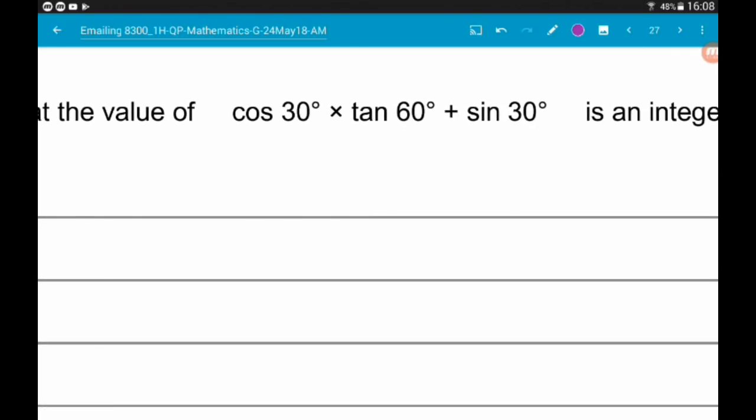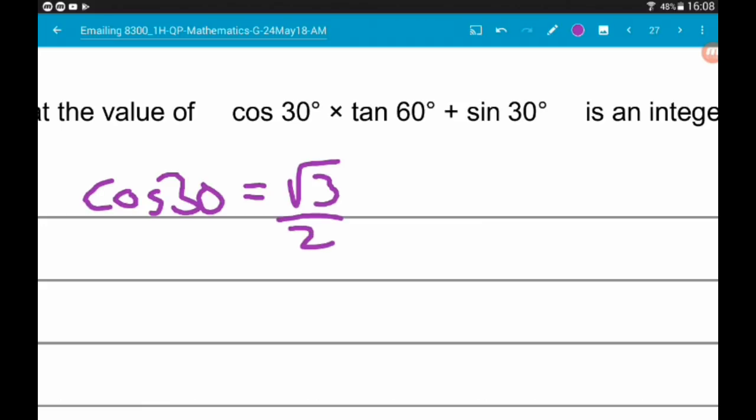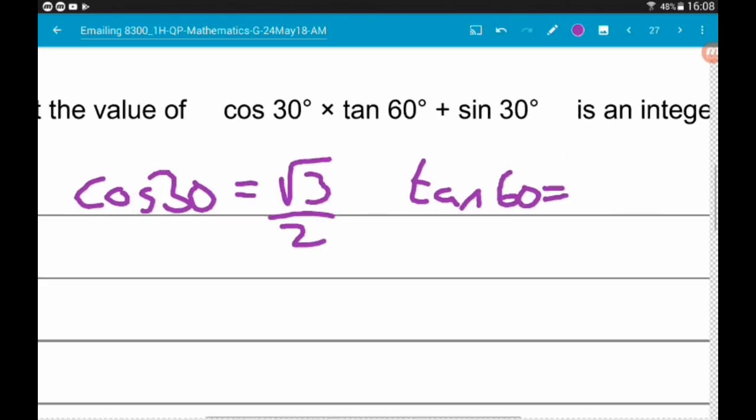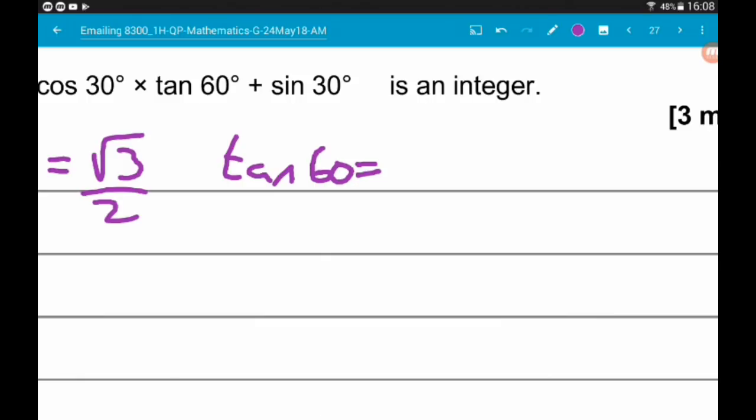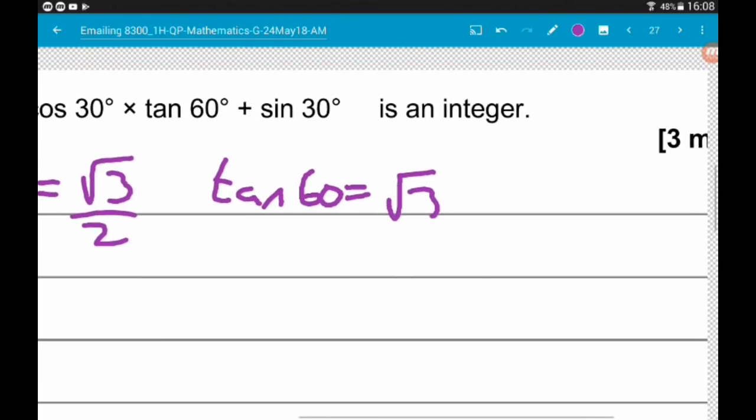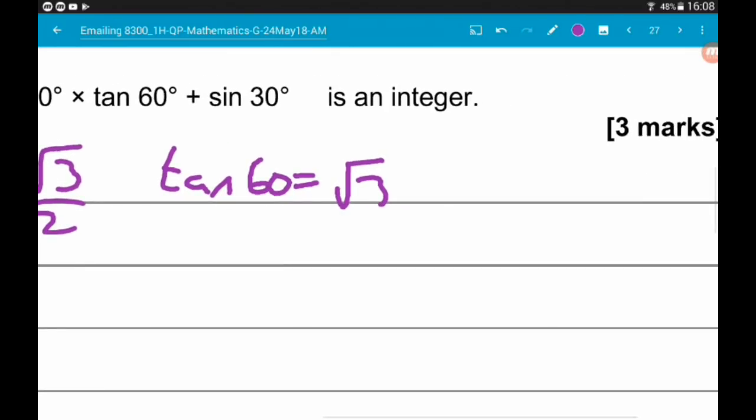So cos of 30 is root 3 over 2. Tan of 60 is root 3. And sine of 30 is 1/2.